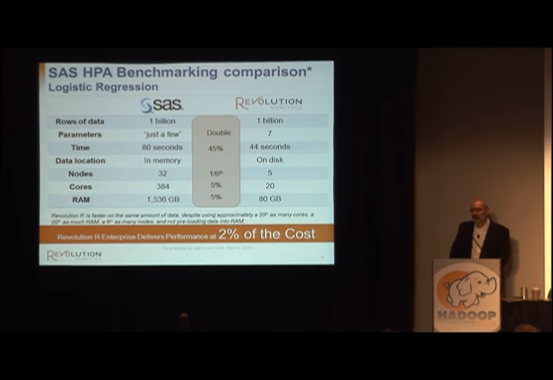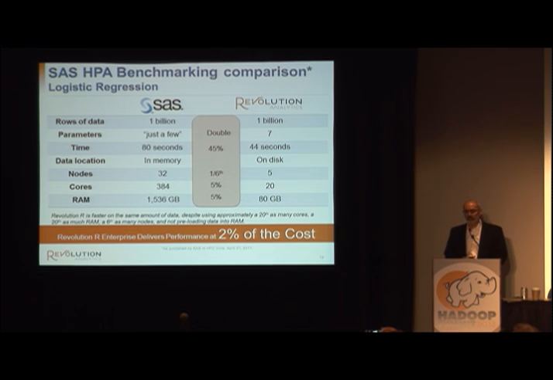So this is a very interesting benchmark based on data that SAS published in HPC Wire. Here we're again comparing linear regression, but it's on a very large data set. It's 1 billion rows. And what we're looking at here is the SAS HPA product, which is their distributed product.